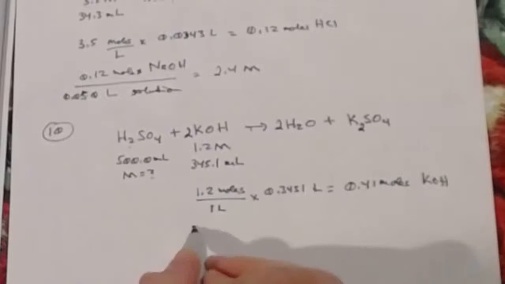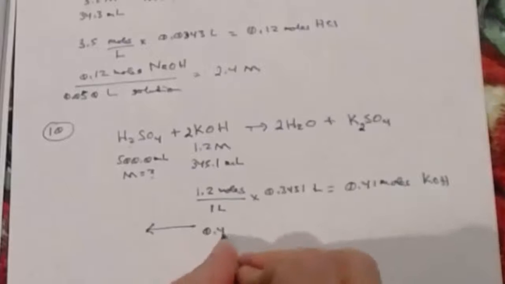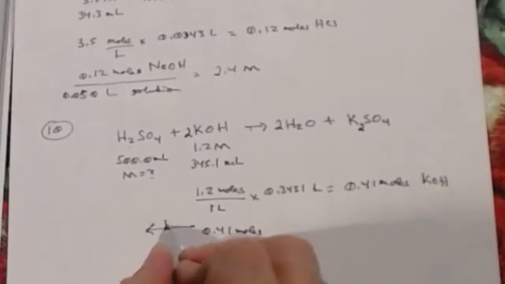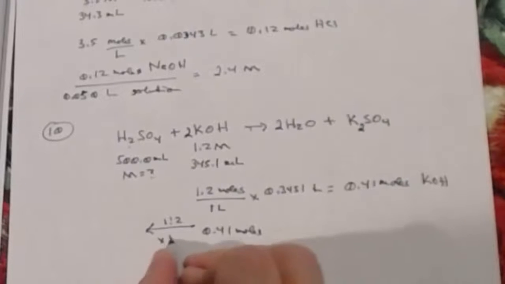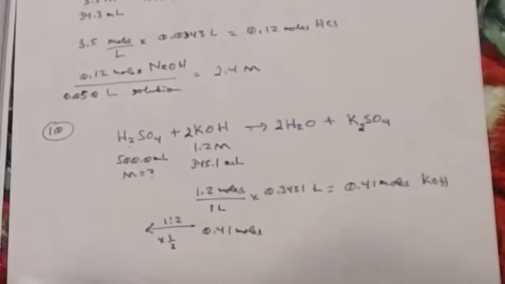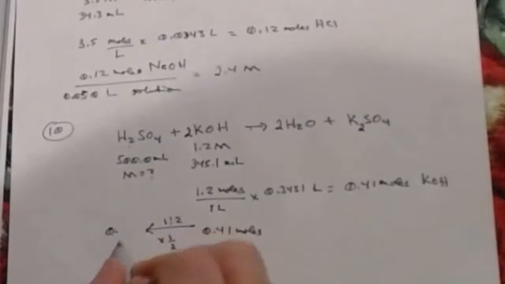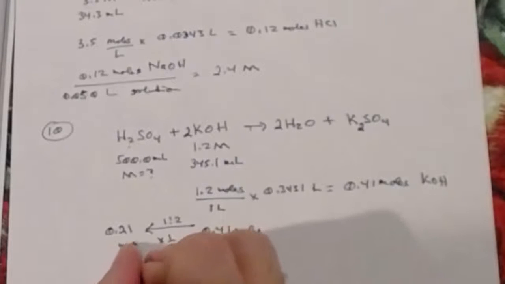Now, my stoichiometry, I'm trying to figure out how much acid, right? If this is 0.41 moles, and I have a 1 to 2, going in this direction, my multiple is going to be times 1/2. From 0.41, then this is going to be 0.205. I'm going to round this up to 0.21 moles.